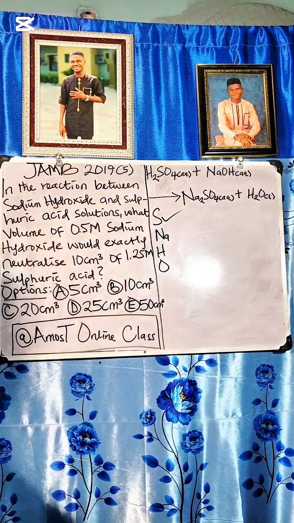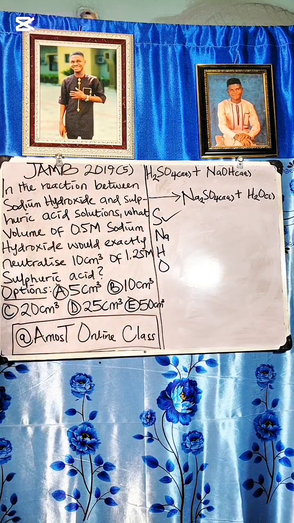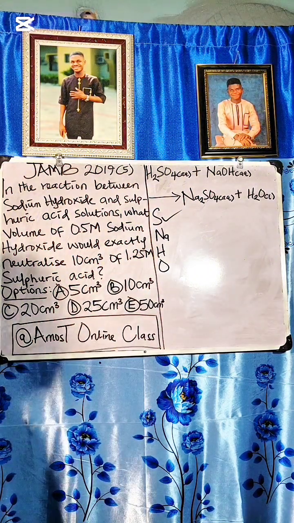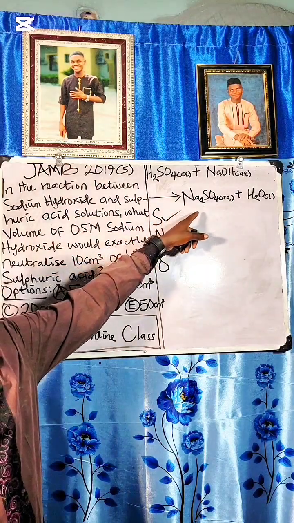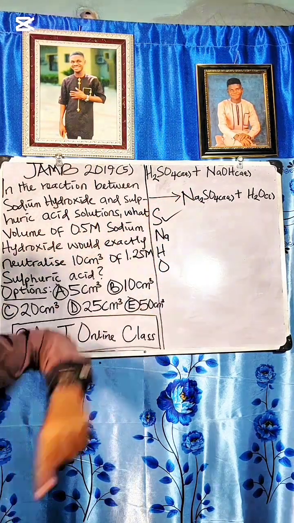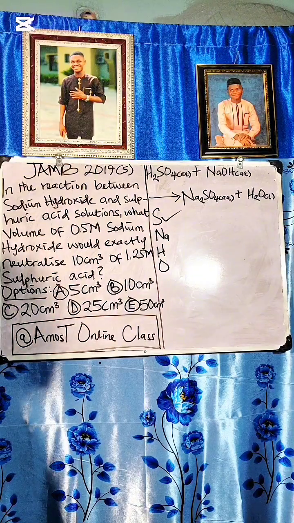Now, let's go to sodium. From the reactant side, we have one atom of sodium in sodium hydroxide, and of course we have two atoms of sodium in sodium sulfate. So sodium is not balanced because there are two atoms of sodium from the product side, whereas from the reactant side we have one atom of sodium. How do we do that?